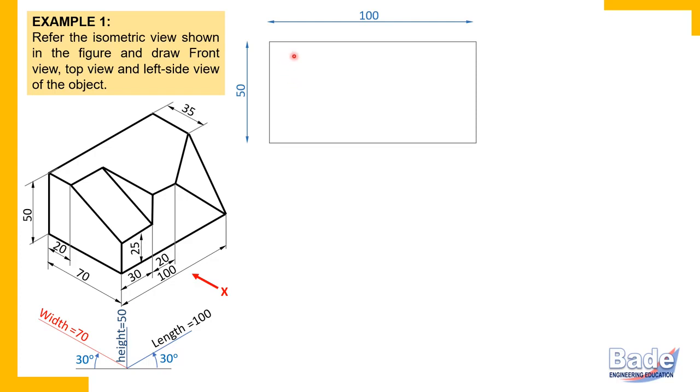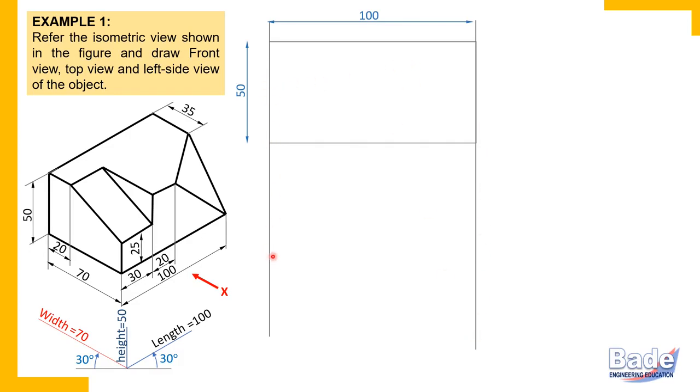So now we have already measured length in the front view. The same length is to be transferred to the top view. So draw end projectors. We have drawn end projectors, that is, from the right end a projector, from the left end a projector.